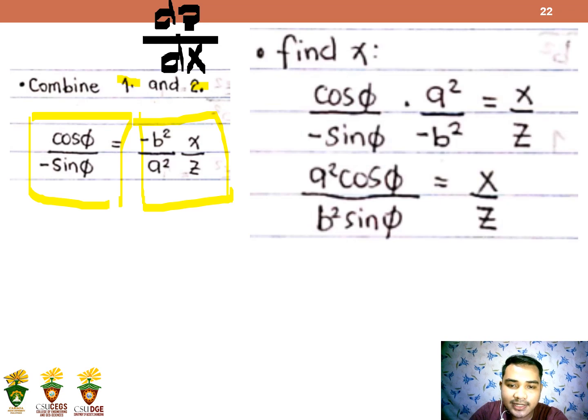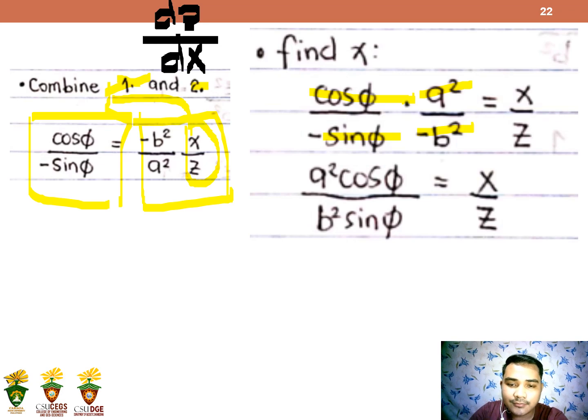So, therefore, cosine geodetic latitude over negative sine geodetic latitude times a squared over b squared is equal to x over z.